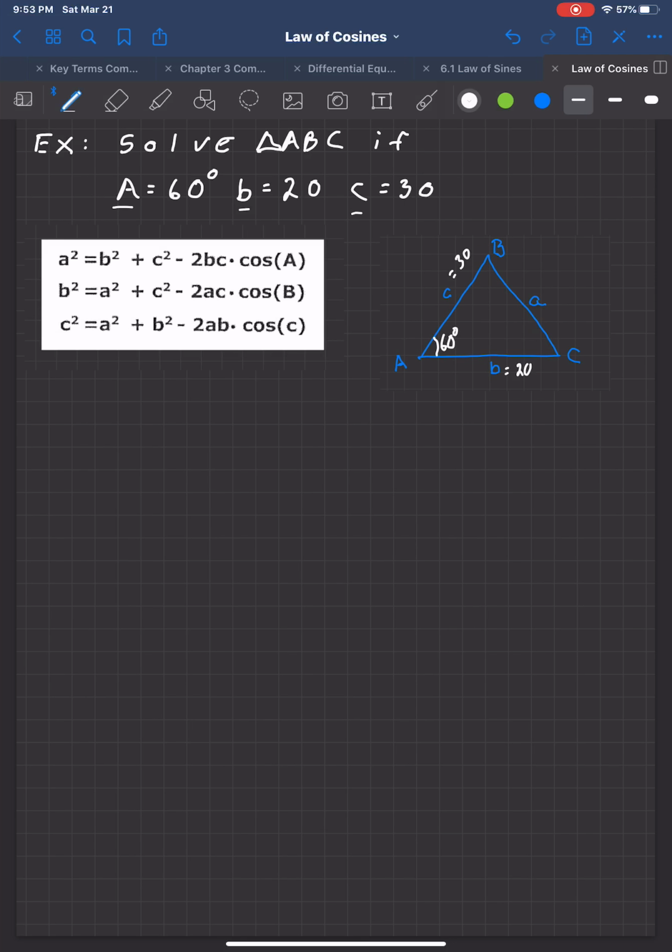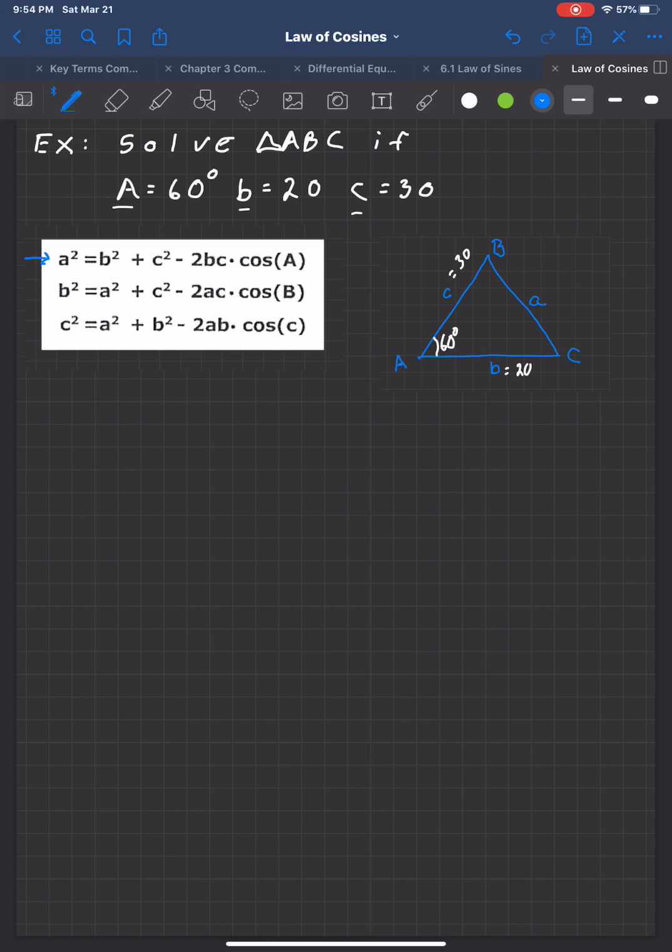So when we start, we're going to look at some of the cosine formulas off to the left here. It doesn't matter, I mean, they all basically say the same thing. It just depends on what information you're given in the problem, right? So for us, I'm going to use the first formula, right? Because my goal right now, what is it that I need?